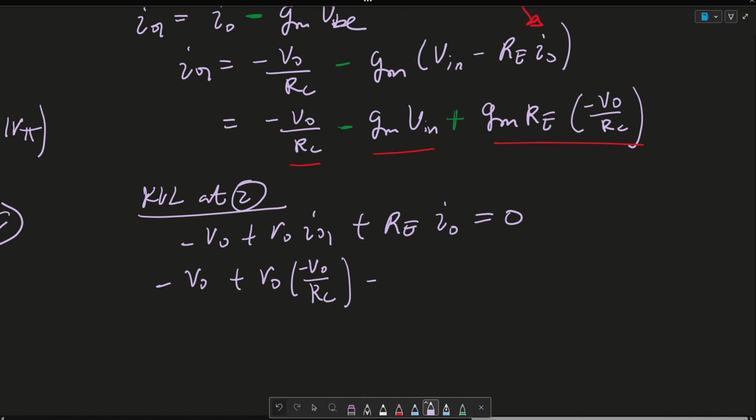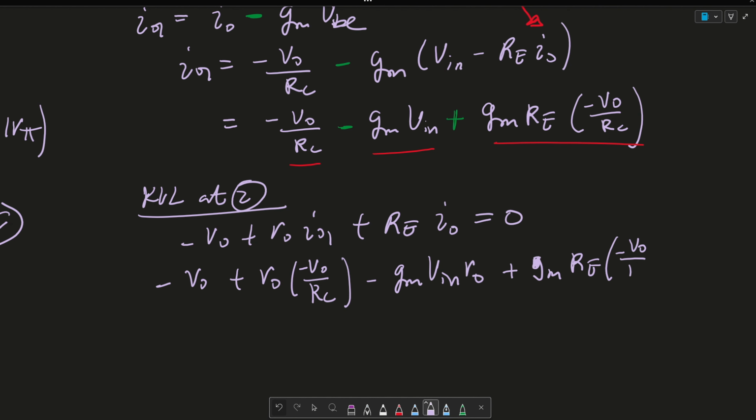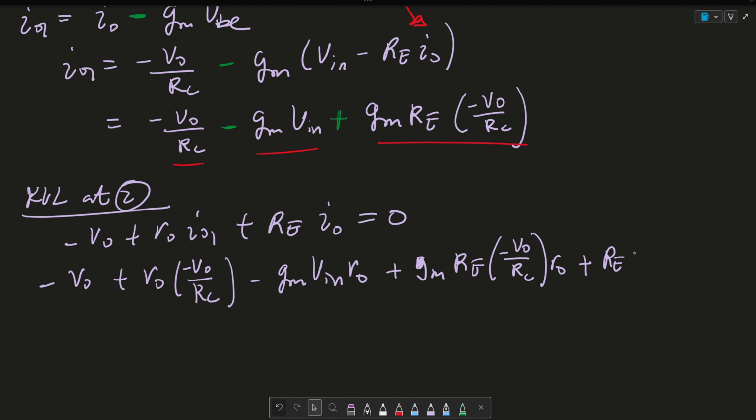So let's continue. This should be minus GM Vn RO plus GM RE times minus VO over RC RO, and then plus RE times IO, which is again this minus VO over RC, is equal to 0.